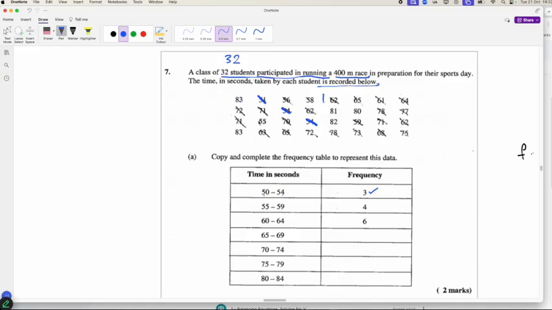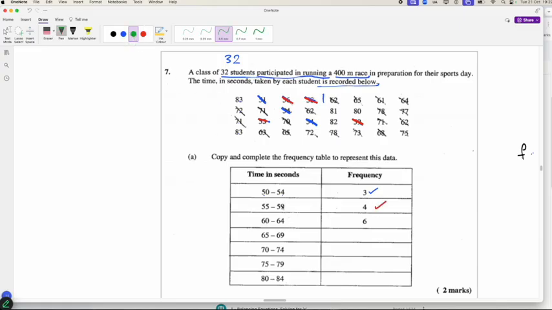So 55 here, 1. 56. 58. So that is 3. 59. Anything else? No. So we get 4.